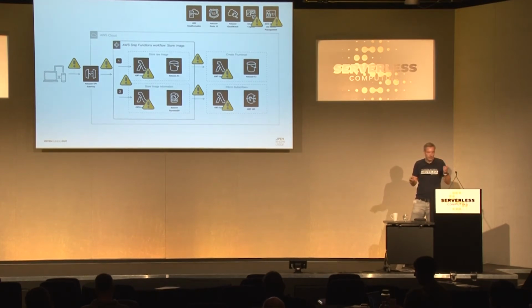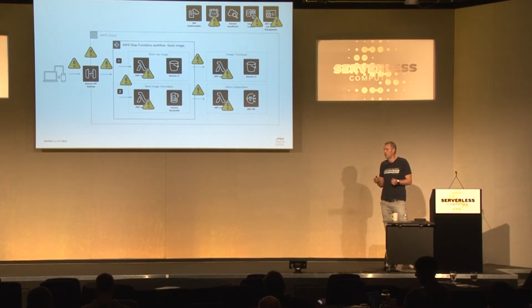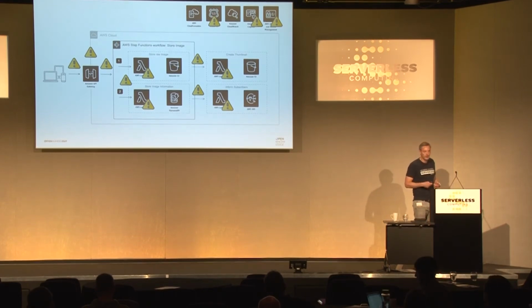Then, of course, we can run into security issues, routing issues, and also API gateway related issues, where in the gateway we can, for example, define route stages, versioning, and so on.